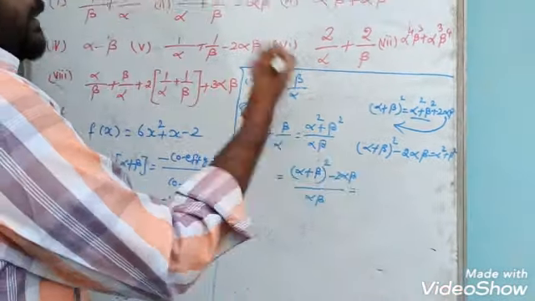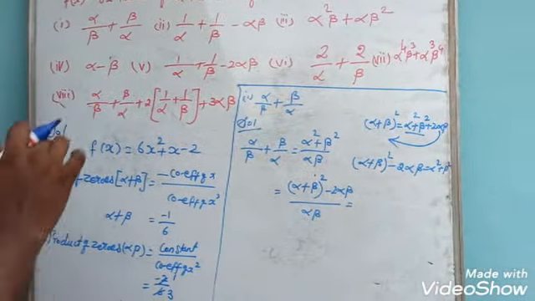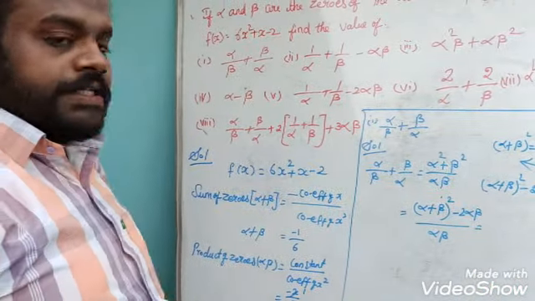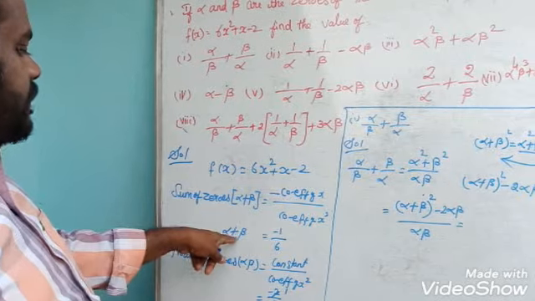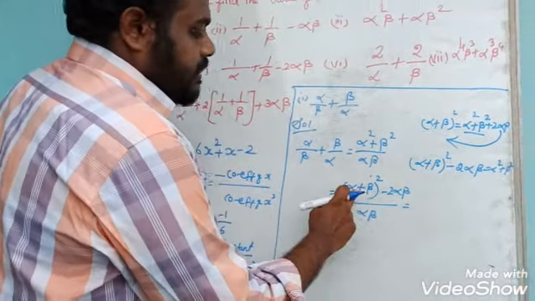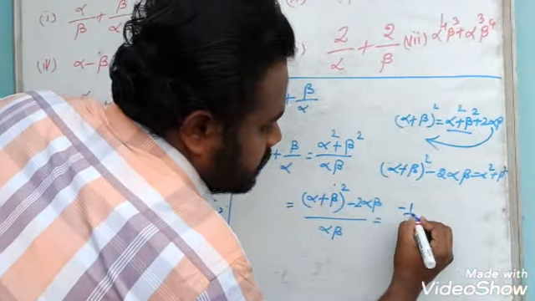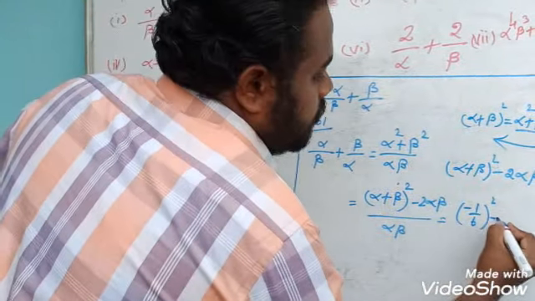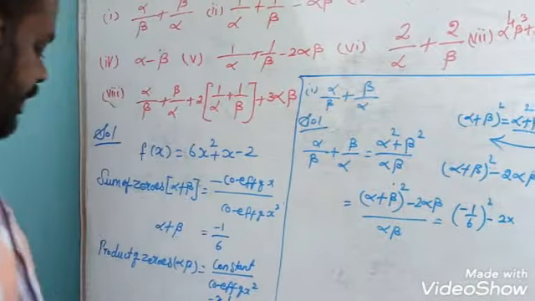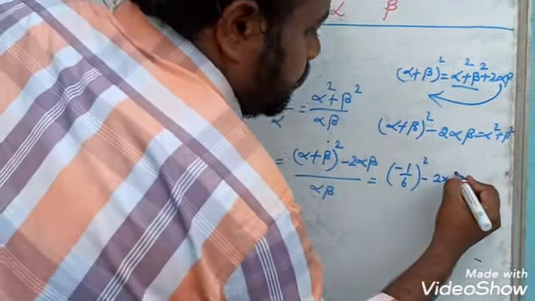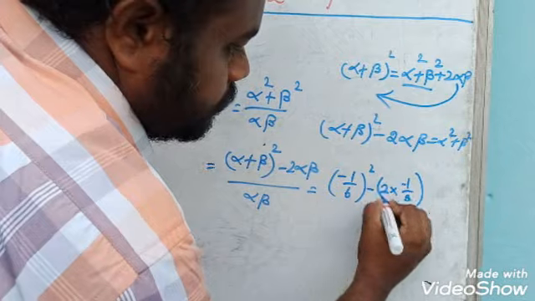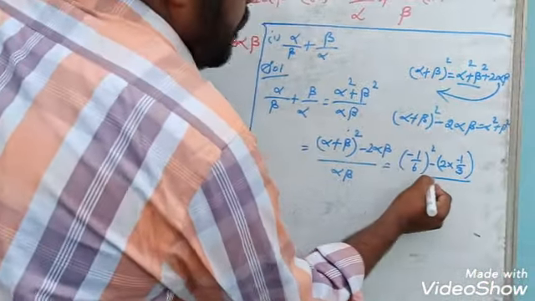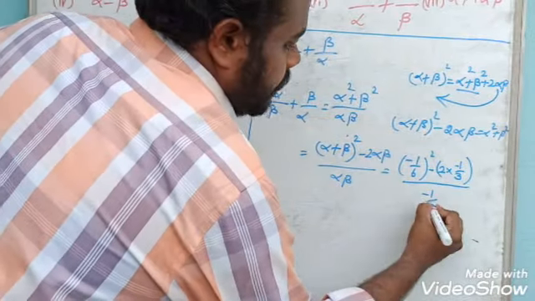Now you see, the sum of zeros and the product of zeros are there, so we directly substitute their values. Instead of alpha plus beta, I put minus 1 by 6, the whole square, minus 2 into alpha beta, which is minus 1 by 3, whole divided by minus 1 by 3.